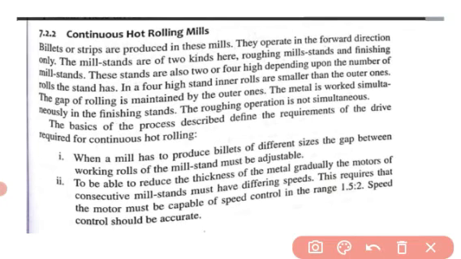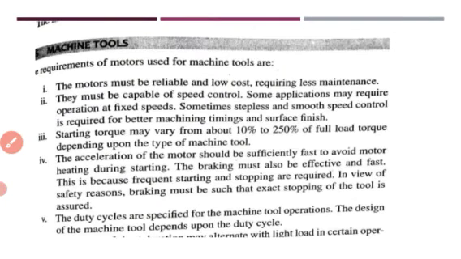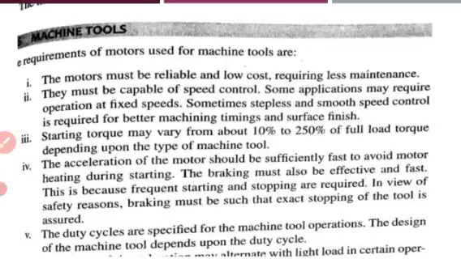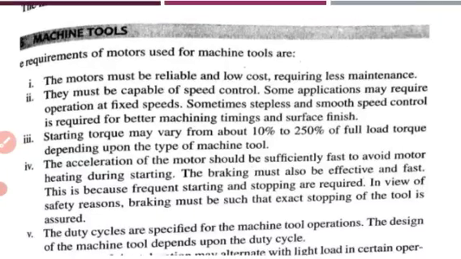These basics of the process define the requirements of the drive required for continuous hot rolling. The details are given, you just have to go through them. The last one is machine tools. Just go through these few points, sometimes it will be asked.